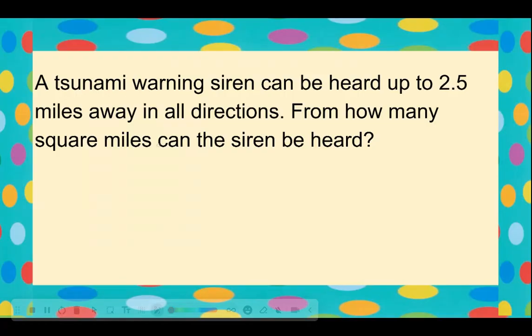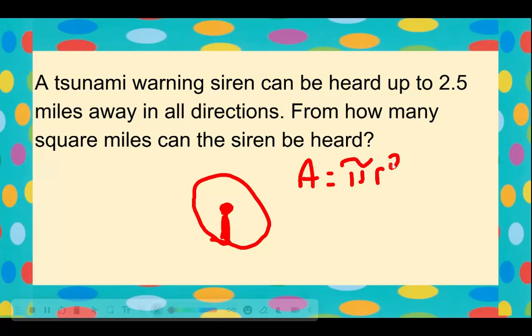Okay, here's a word problem. The tsunami warning siren can be heard up to 2.5 miles away in all directions. We have a middle point, we have the siren, and 2.5 miles in every direction. Okay, so we need to find the area that this siren covers. So area equals pi times radius squared. So 3.14 times 2.5 squared. So what is 2.5 squared? Or 2.5 times 2.5?